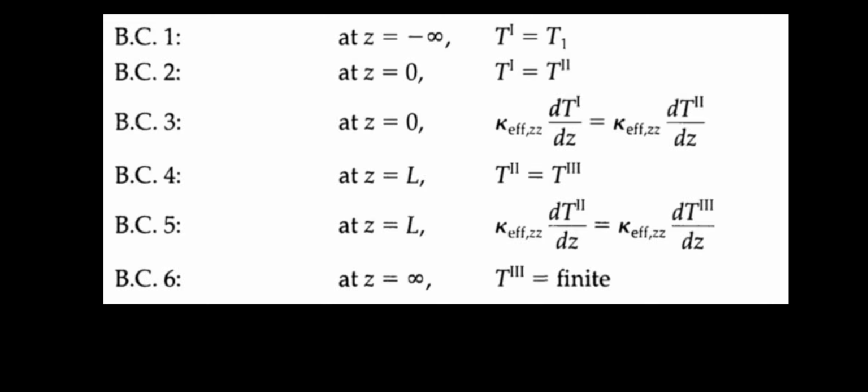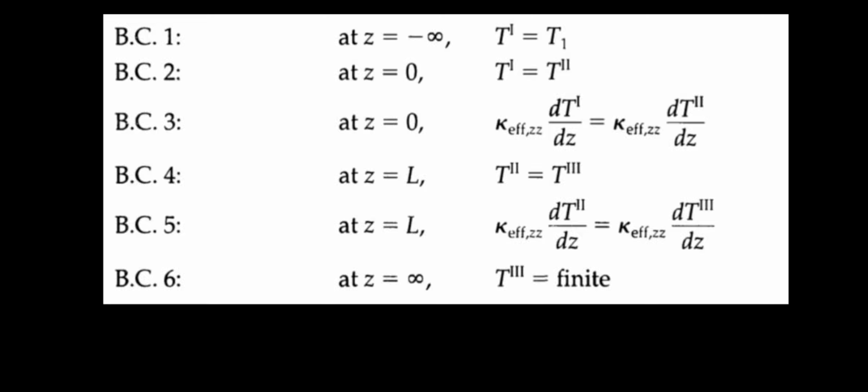And now, continuity of heat flux. The rate at which heat is being conducted towards the interface from zone 1 must be equal to the rate at which heat is being conducted away from the interface into zone 2. The equation is as follows. The negative sign arises from the convention that heat flux is positive in the direction of decreasing temperature. Here K effective in zone 1 and K effective in zone 2 represent the effective thermal conductivities in zone 1 and zone 2 respectively.